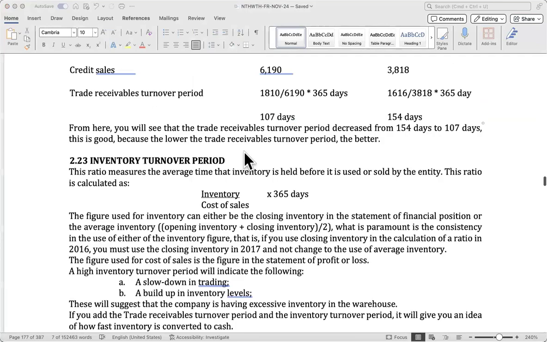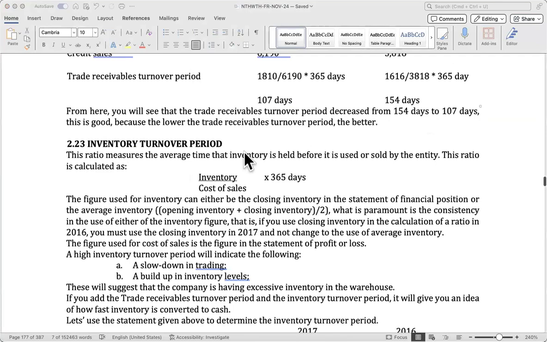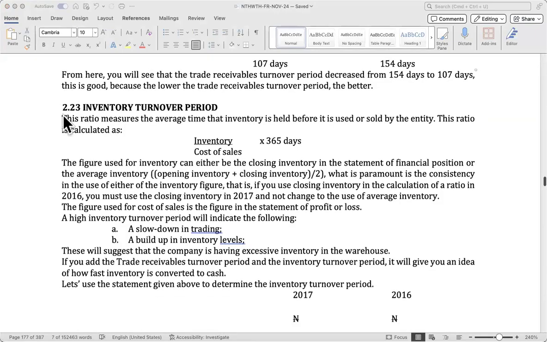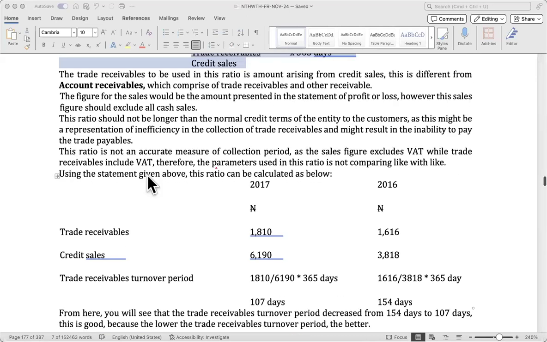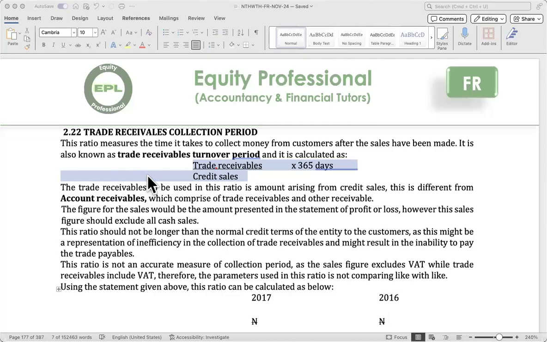Is inventory turnover period. Okay, Temitope. Yes, sir. The one we just finished looking at, the formula is trade receivable over credit sales. To me, I feel trade receivable and credit sales, are they not the same?